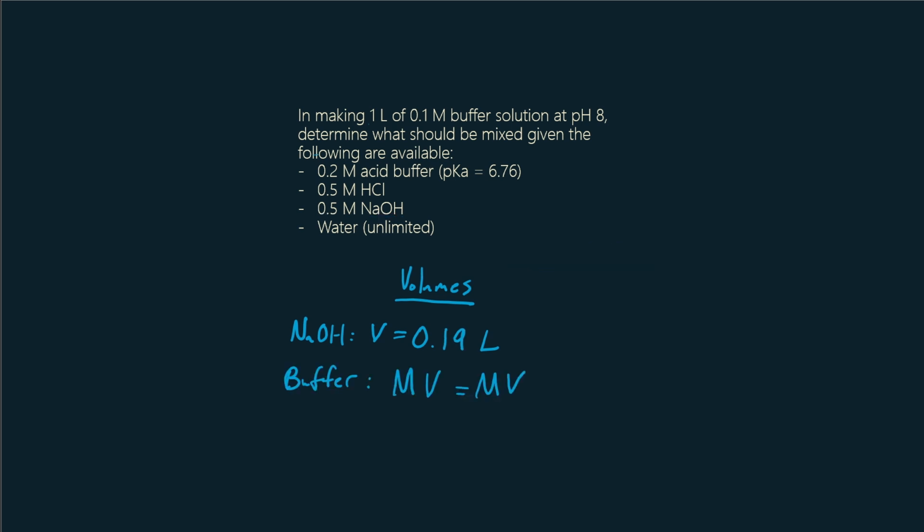Now, let's solve for the buffer. First, we know we're starting with 0.2 molars of it, and we already have the molars and volume of what we need to end with. And so, solving for V, we get 0.5 liters of the buffer. These two volumes added together account for 0.69 liters of the solution, but we want our final to be 1 liter.